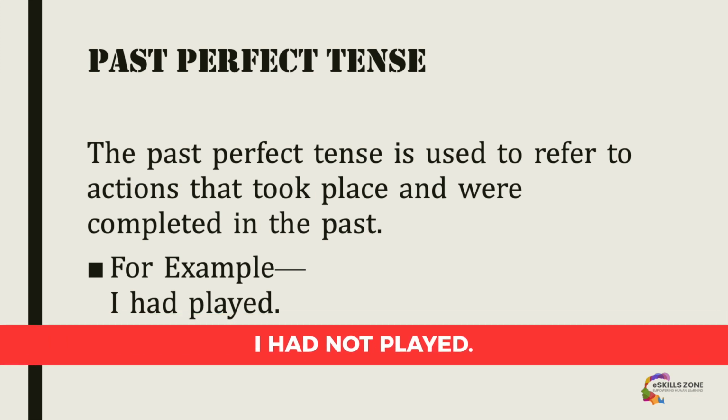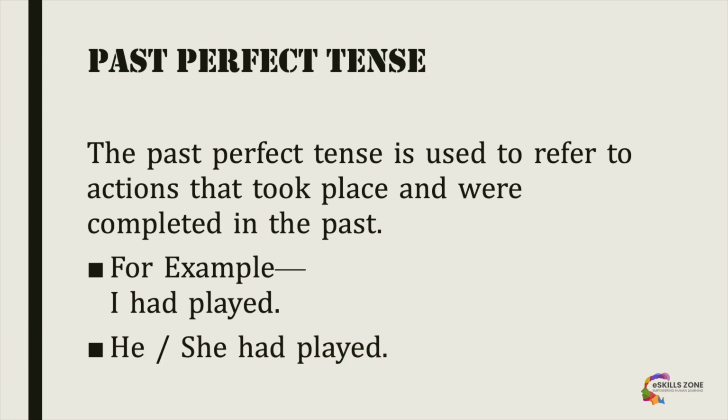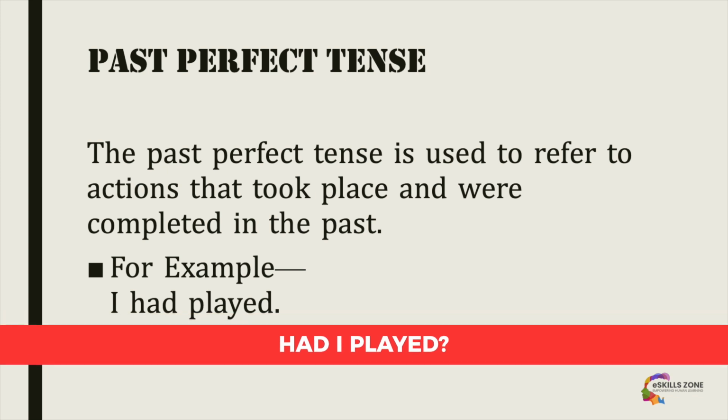In order to convert a positive sentence into interrogative, a sentence with a question mark in the end, we'll start our sentence with helping verb. So the positive sentence which we said I had played will be interrogative like this. Had I played? Question mark in the end.